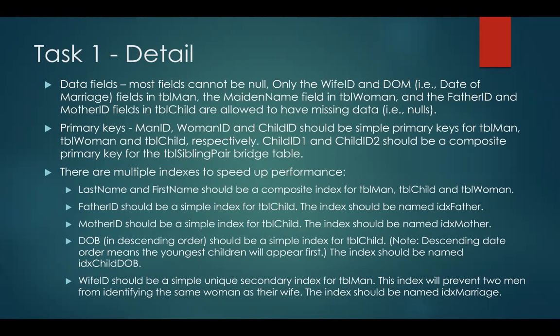Father ID is a simple index for the child, and mother ID is a simple index for the child. There is an index for the date of birth on the child table, and wife ID is a simple secondary index for table man. This prevents multiple men from identifying the same woman as their wife.